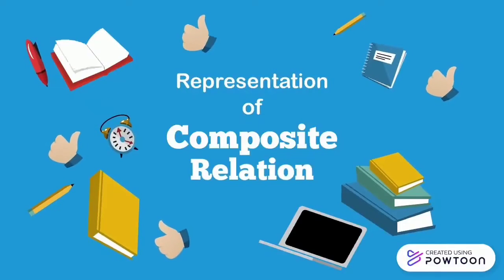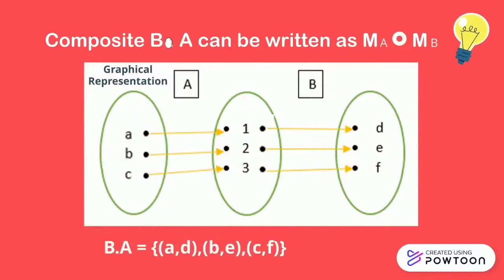Now, how to represent the composite of two relations? Let's say relation A is represented by matrix MA, while relation B is represented by matrix MB. The composite BA is the Boolean product of MA and MB. To show it graphically, relation A maps a to 1 while relation B maps 1 to d.